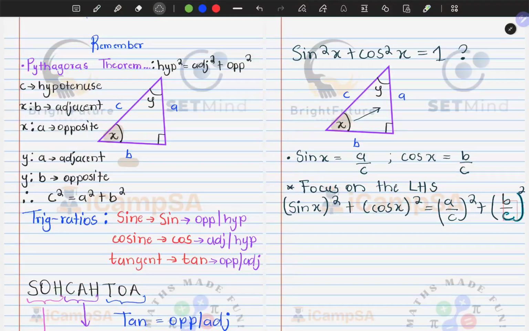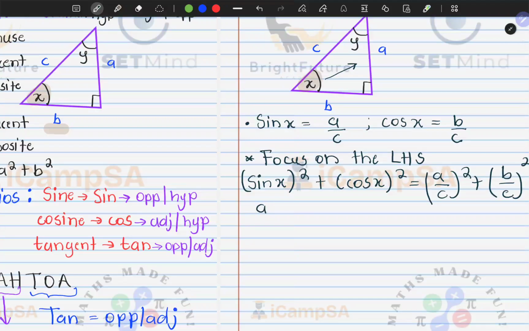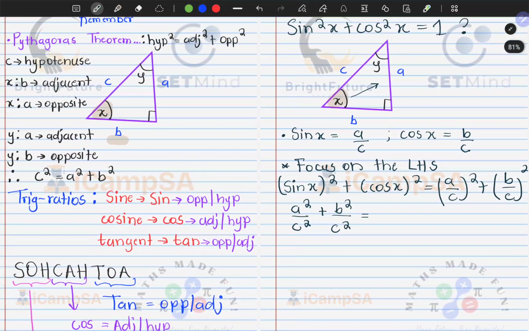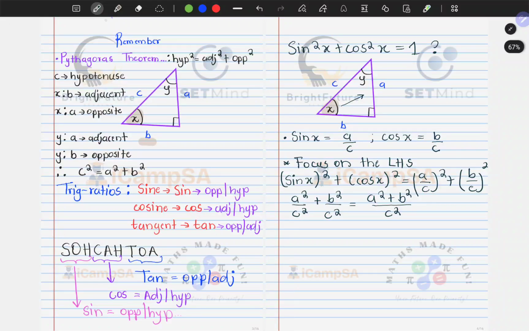Simplifying, it becomes a squared over c squared plus b squared over c squared. We have a common denominator here, so we have a squared plus b squared divided by c squared. But there's something very important that we need to remember.